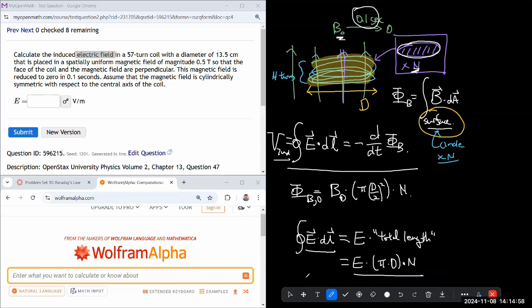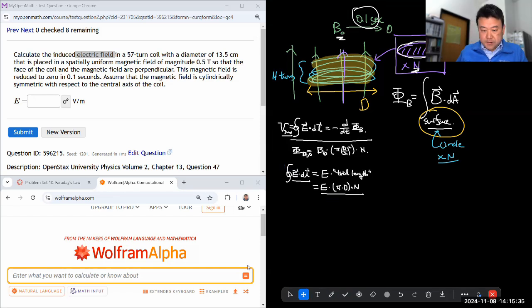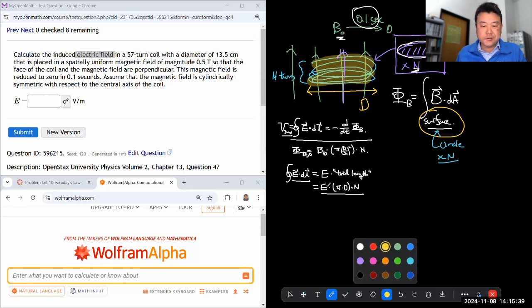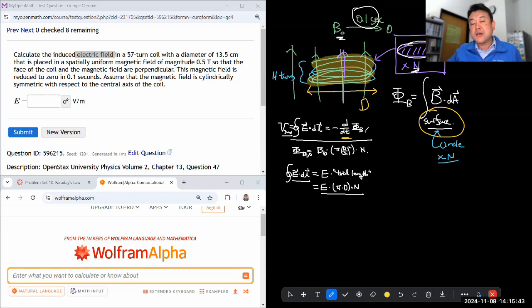Let me just move some stuff and make some space here. Given the type of information we are given, it'll be simplest, instead of doing calculus or derivatives and whatnot, to just deal with the differences. So the left-hand side would end up being electric field times the total length, is equal to, now for the right-hand side, I'll do two things.